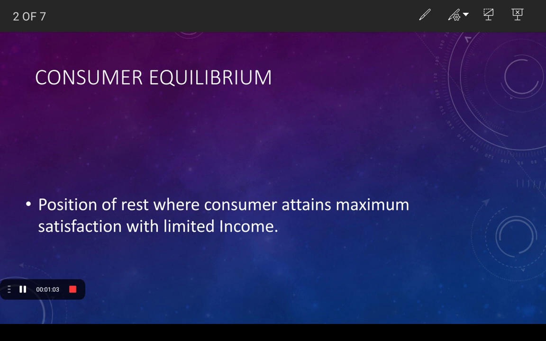He has a limited income. Within that limited income, whatever point where he attains the maximum satisfaction, that is referred to as consumer equilibrium point.